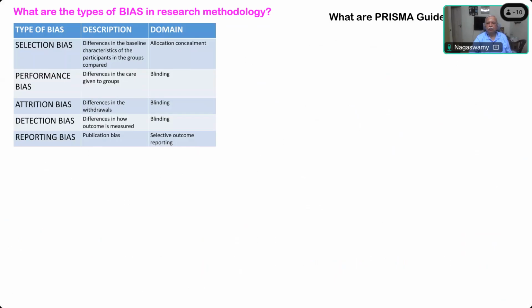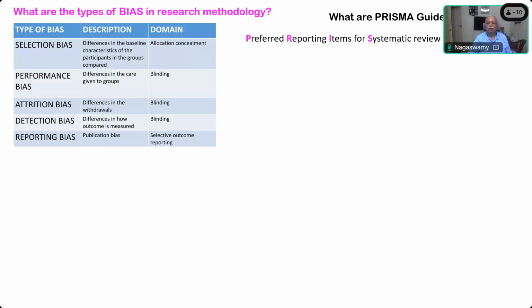Now, what are PRISMA guidelines? Just like CONSORT and other acronyms, I thought these small acronyms also you should be aware of. Anybody can make a guess at this PRISMA guideline? Okay. Preferred Reporting Items for Systematic Reviews and Meta-Analyses.